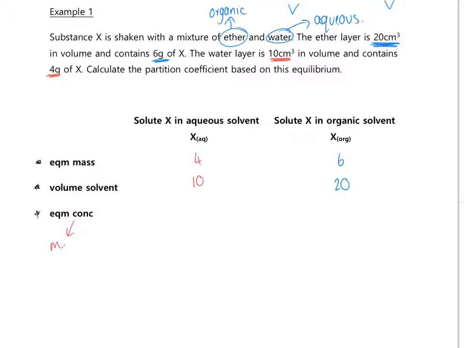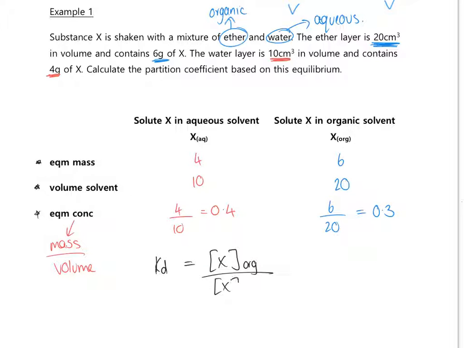Equilibrium concentration is simply mass over volume. For our aqueous layer, that's the mass of 4 over the volume of 10, which is 0.4. For the organic layer, that's the mass of 6 over the volume of 20, which gives us 0.3. KD is simply then the concentration of X in the organic layer over the concentration of X in the aqueous layer.